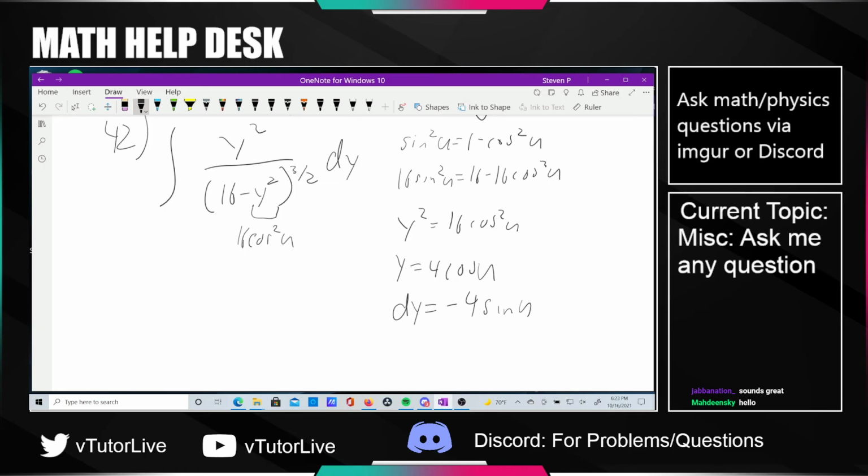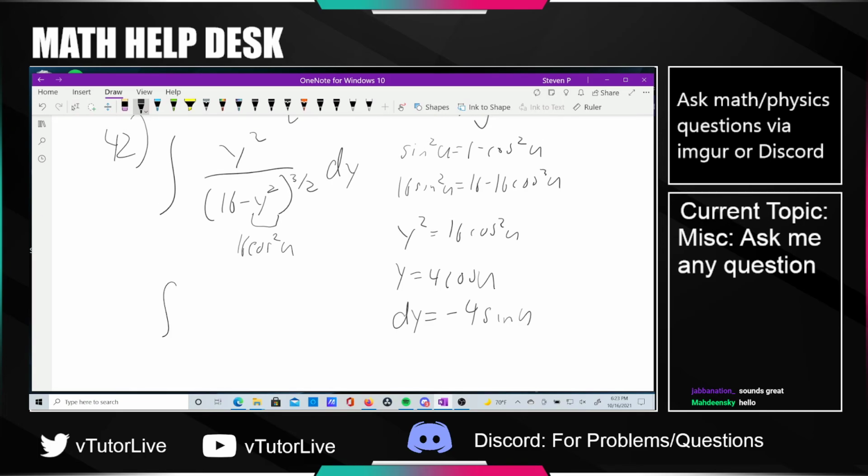Okay, so dy is equal to minus 4 sine u du. And yeah, let's just quickly see what this looks like, right? This turns into 4 squared cosine squared of u.